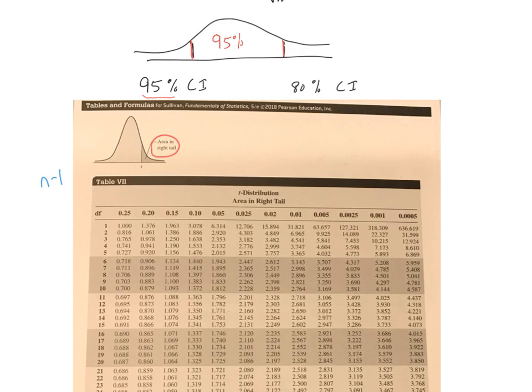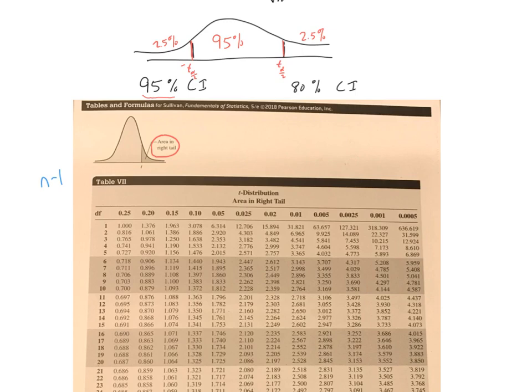If 95% is between the two scores, that would leave 2.5% to the right and 2.5% to the left of whatever those t-scores are. And you'll notice in this section the notation t with a subscript alpha over 2, and negative t with a subscript alpha over 2.